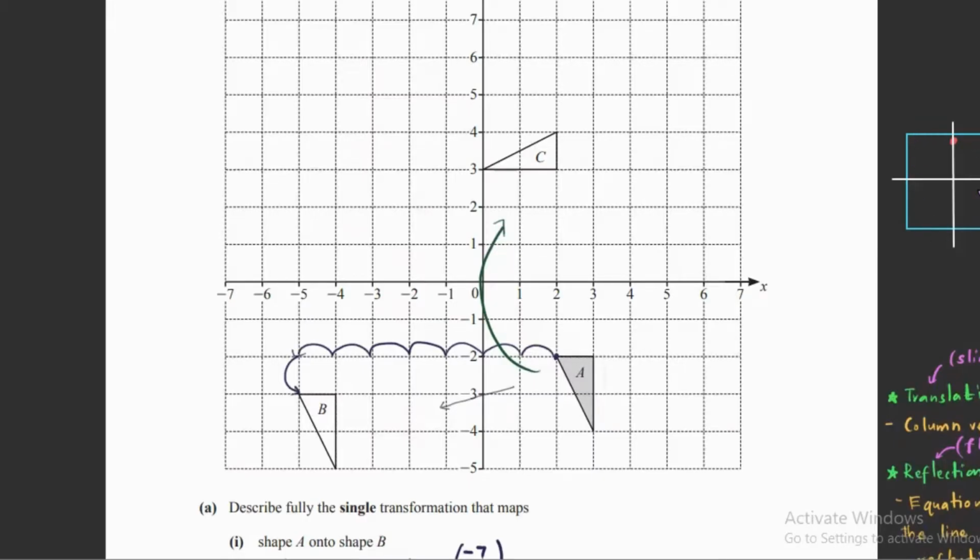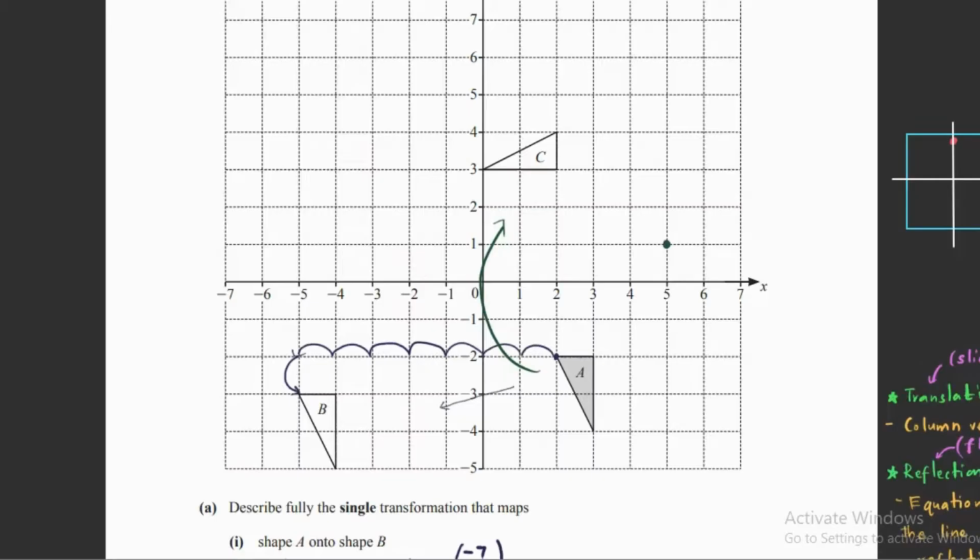You're going to place the pencil point and start rotating the tracing paper so that the diagram that you have drawn on the tracing paper coincides with the image C. That is how you identify it. You repeat it until you find the center of rotation. In this case, when we do that, the center of rotation will be at 5, 1.